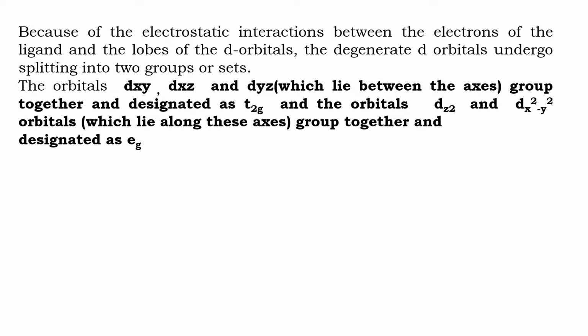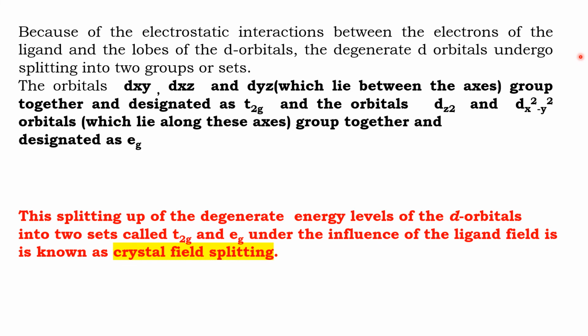So I told you the 5 d orbitals were remaining together before the ligand was approaching. When the ligand approached, what happened? A field was produced, and hence the 5 d orbitals split into 2. 3 orbitals dxy, dxz and dyz group together, and they are called T2g orbitals.